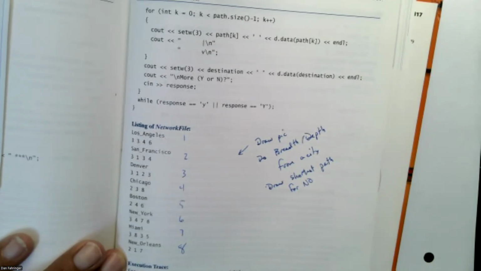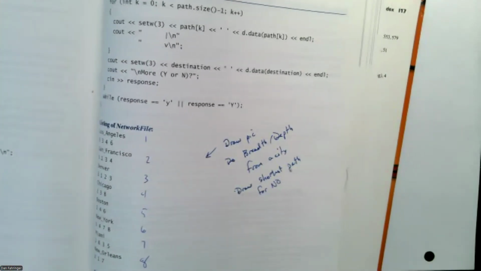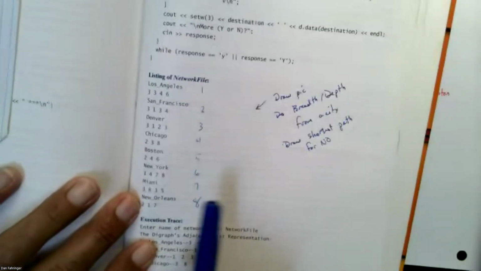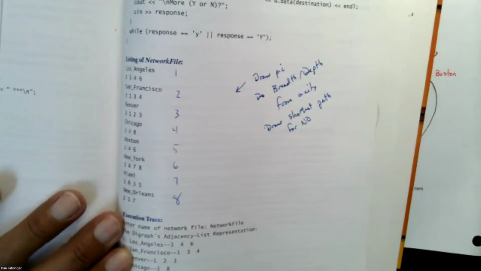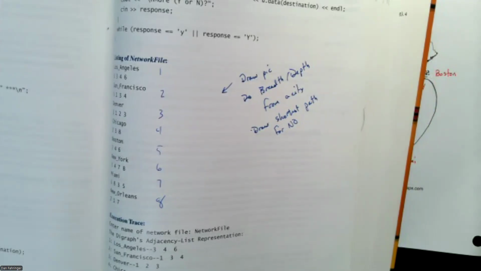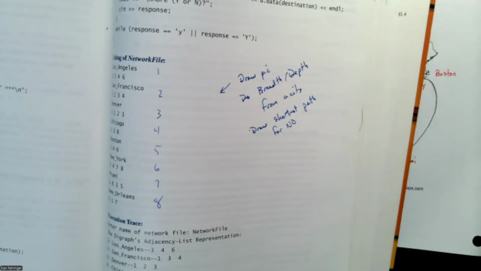Well, we're not going to write that because that would take a long time. You are going to go download that program, create a data file that looks like this, and run the program. And then you're going to be able to enter what city would you like to start at?